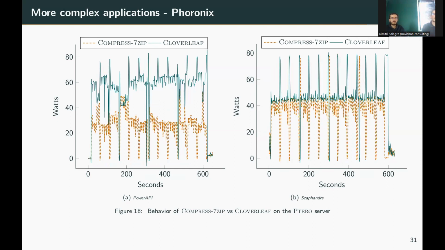Here we have the same execution, but this time with compress against Cloverleaf. We see the same problems. If we remember, Cloverleaf has four stable phases. Here we don't see them. And for PowerAPI, we have the same problem we had earlier with the consistency of the power model.